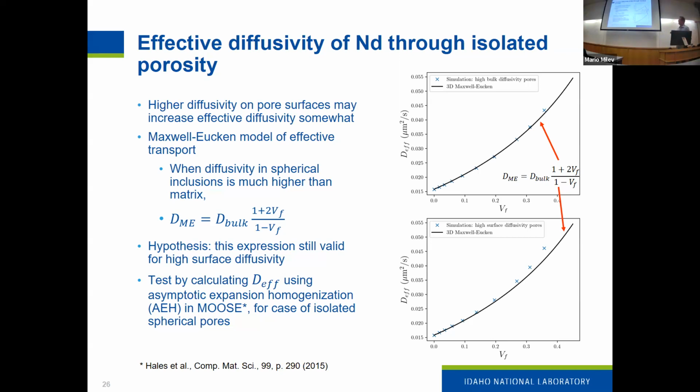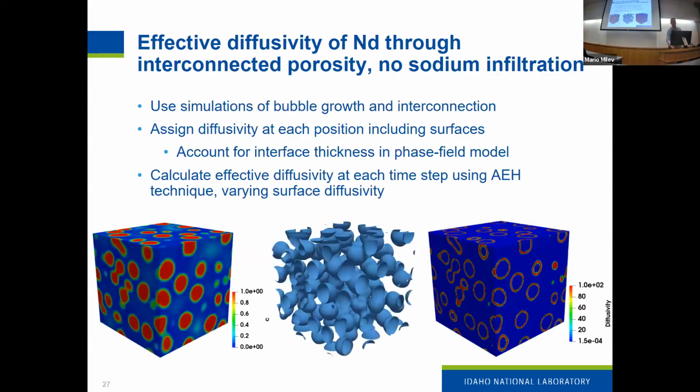And we found that the Maxwell-Eucken expression worked just about as well, particularly at low volume fractions, which is most relevant before interconnection begins anyways. So based on that, we felt confident to use the Maxwell-Eucken model for that first case of isolated porosity.